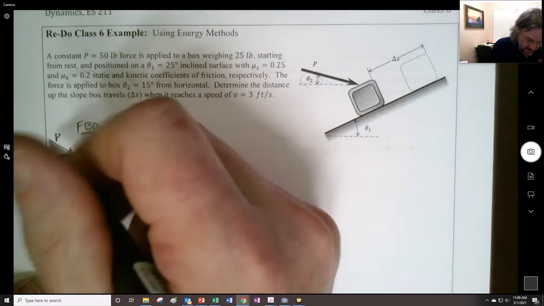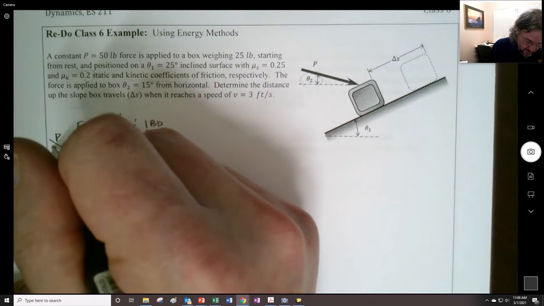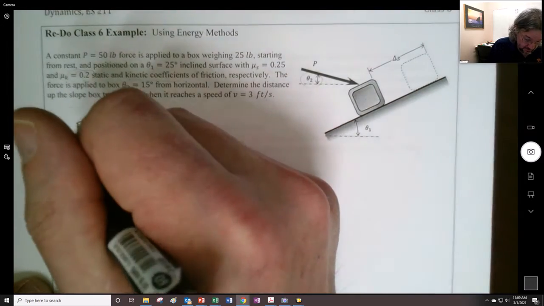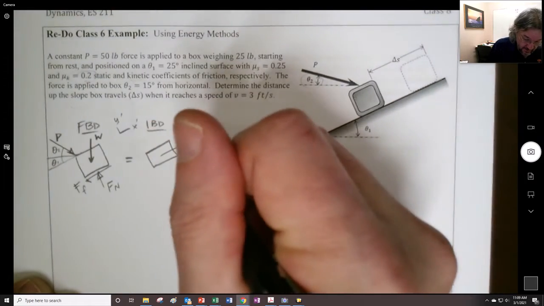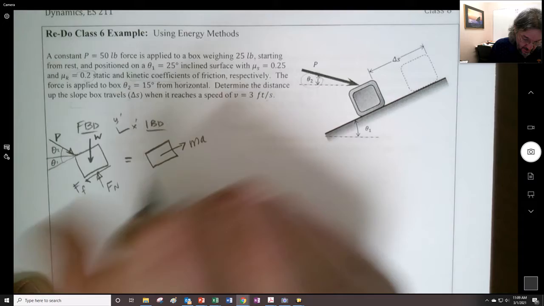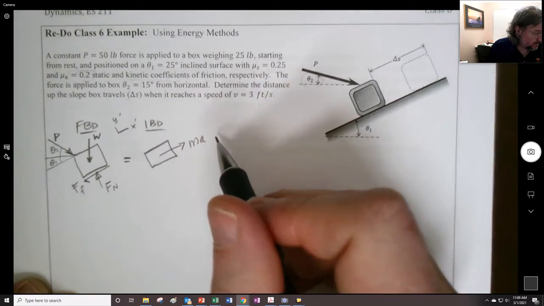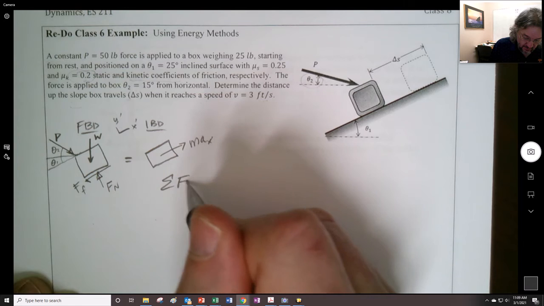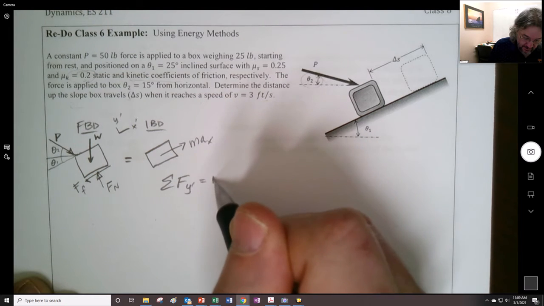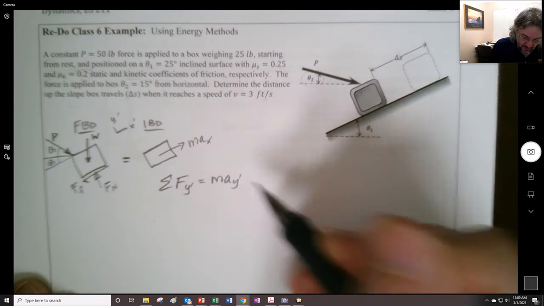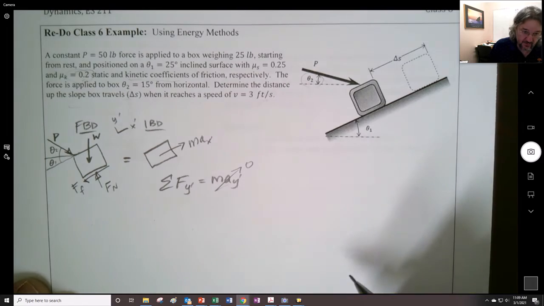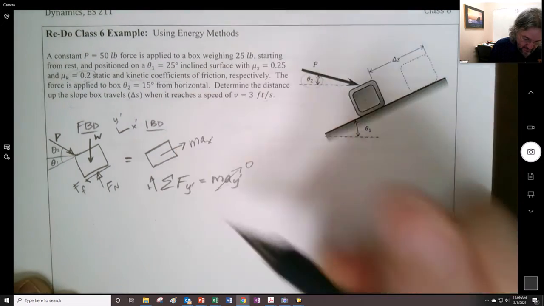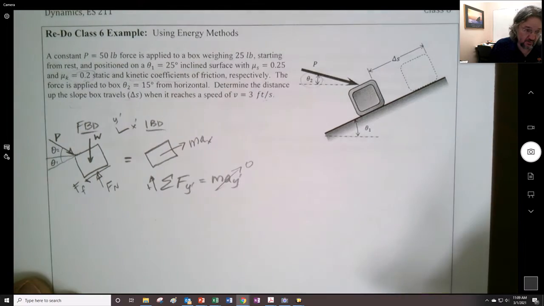So that's our P. Here is our theta 2, and here's our theta 1. Here's our mass times acceleration going upwards, in the x prime direction. So the sum of the forces in the y prime direction is mass times acceleration in the y prime, but that happens to be 0. And here is where positive y prime is going.